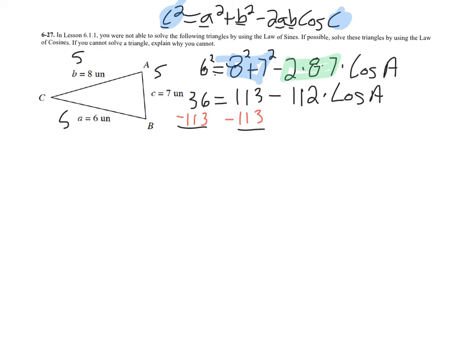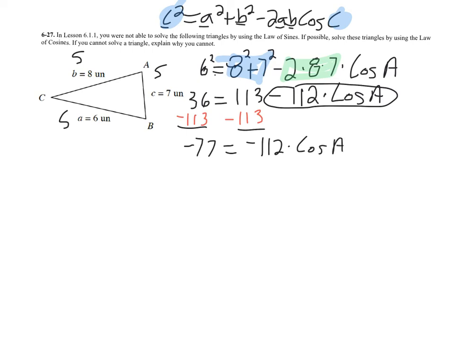And on the left side, I get a negative 77 equaling a negative 112. Remember, that's a minus sign right there. Times the cosine of A.